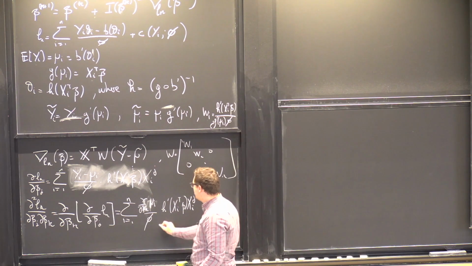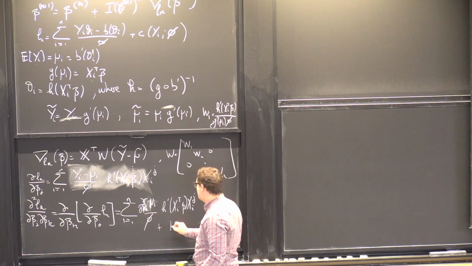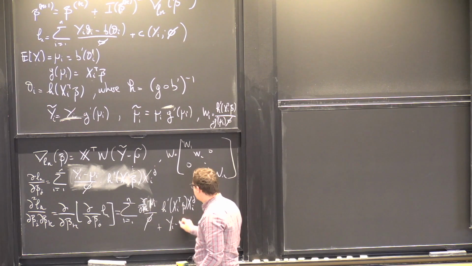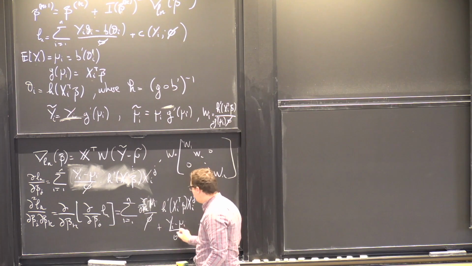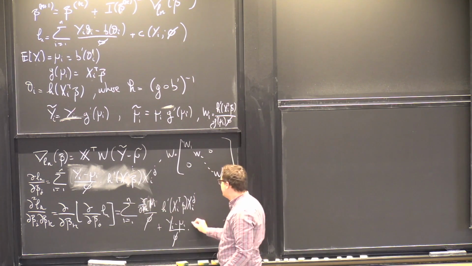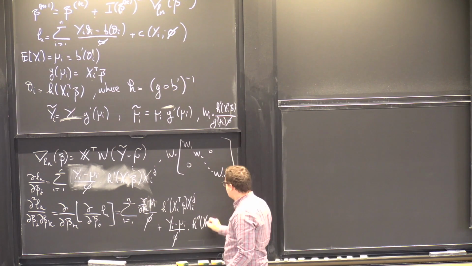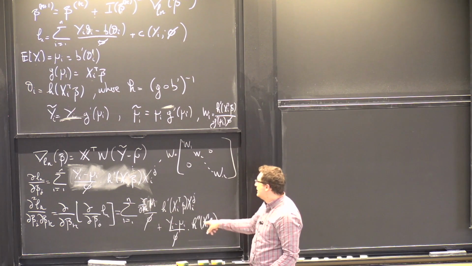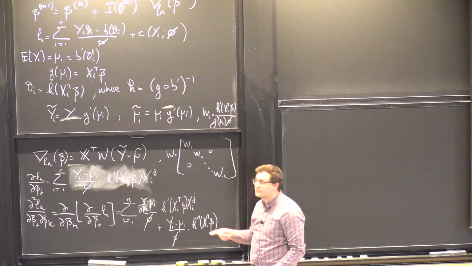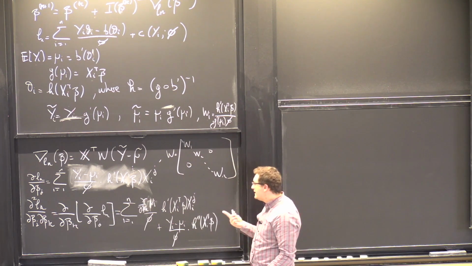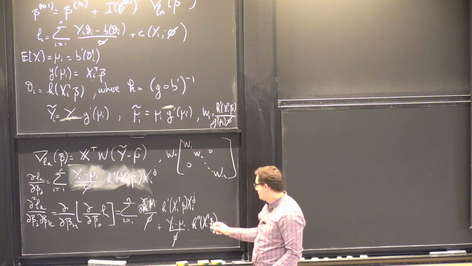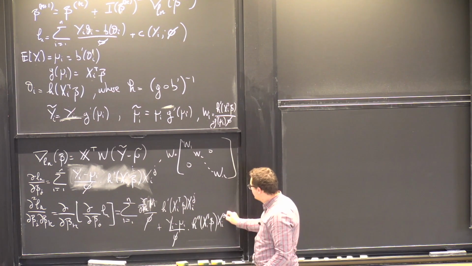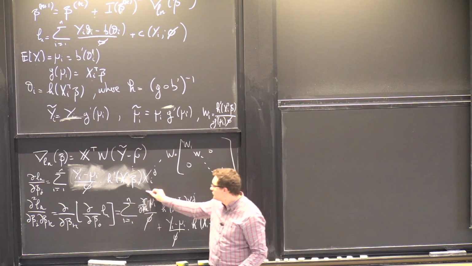And then I'm going to have the other one, which is yi minus mu i over phi times the second derivative of h of xi transpose beta. And then I'm going to take the derivative of this guy with respect to beta j with beta k, which is just xik. So I have xij times xik. Okay, so I still need to compute this guy.